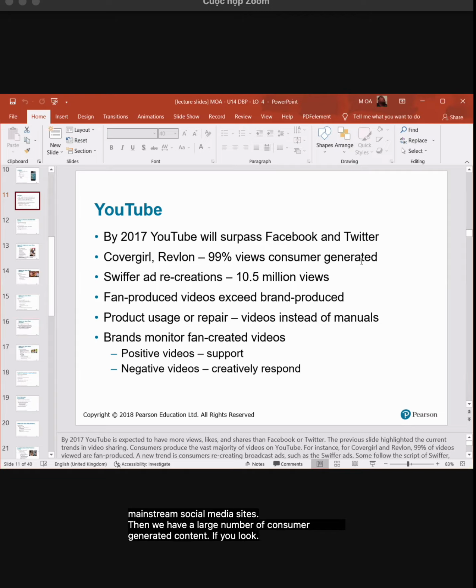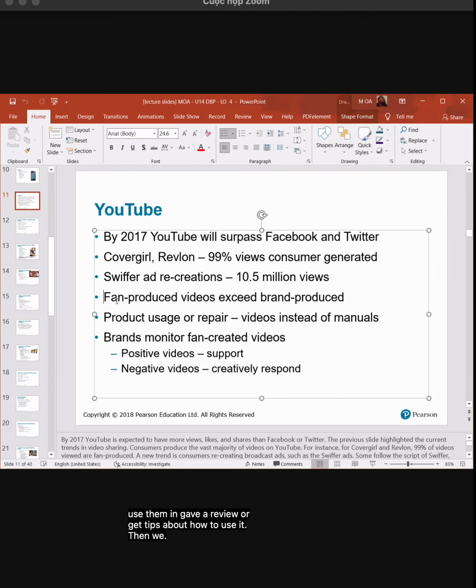If you look at CoverGirl and Revlon, 99% of the content available online was not sponsored by the company, but was generated by people who bought the products and used them and gave a review or gave tips about how to use them.